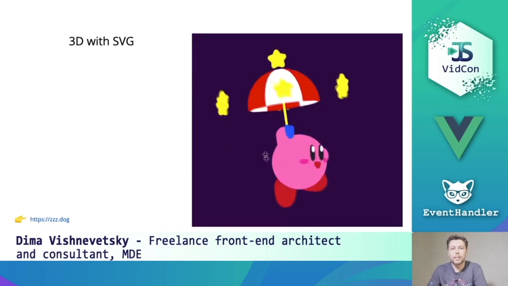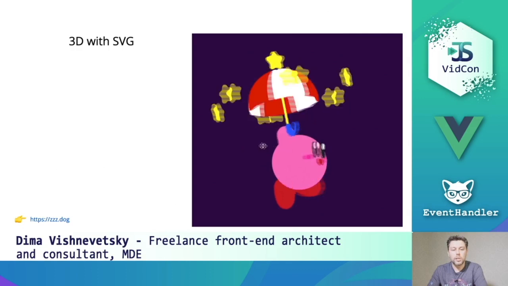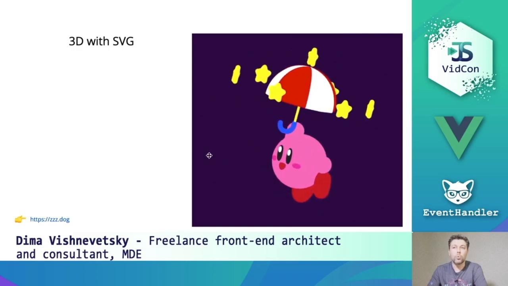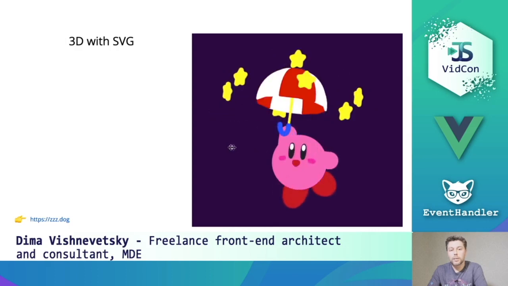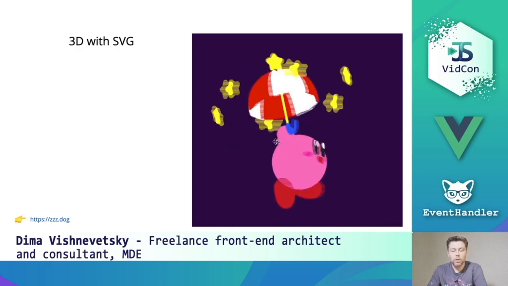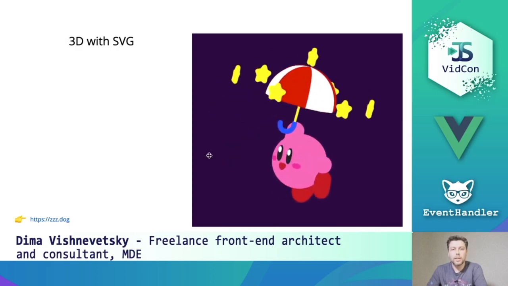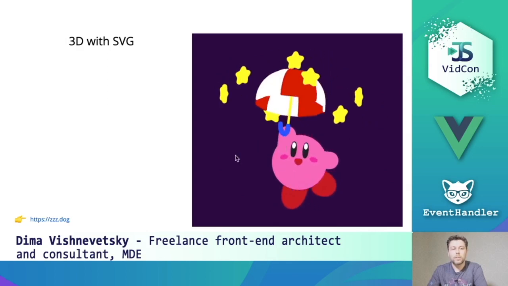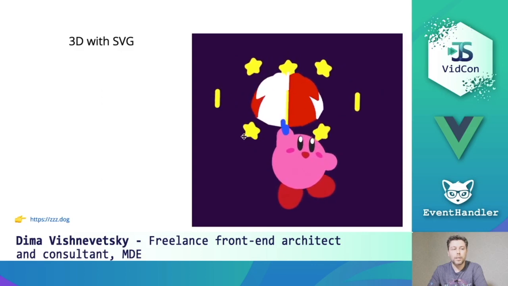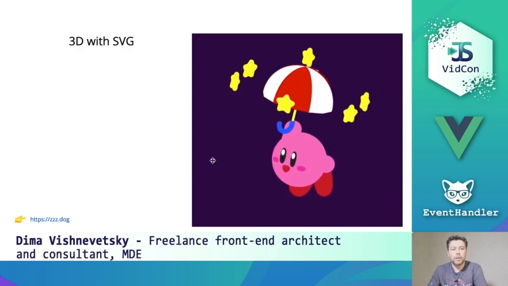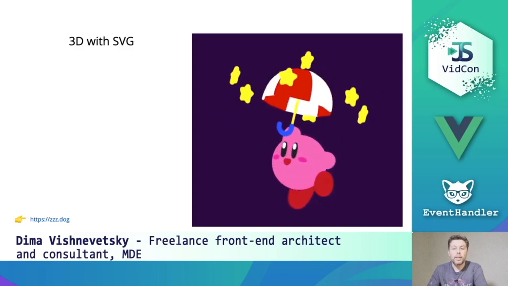The next thing is we can do 3D with SVG. Well, not exactly 3D, because SVG is flat, so we can't do actual 3D with SVG. But there is a very interesting framework called ZDog, with a Z and with the Zs. What it does is it allows you to write SVG in a very simple way.